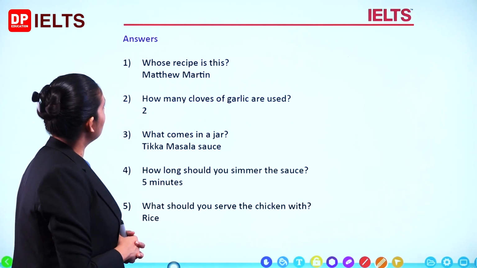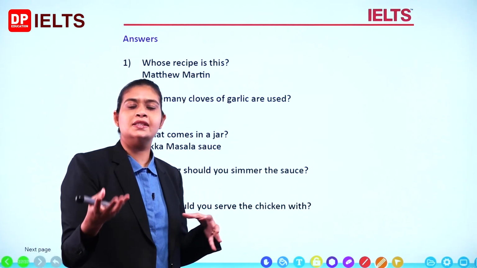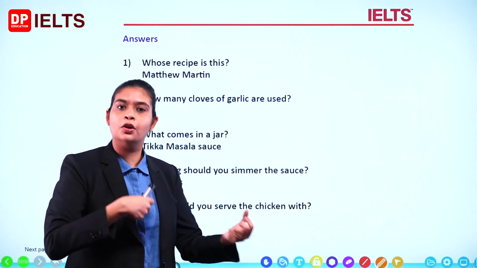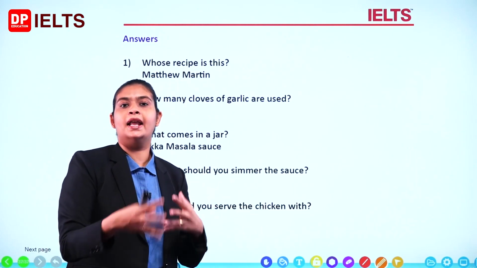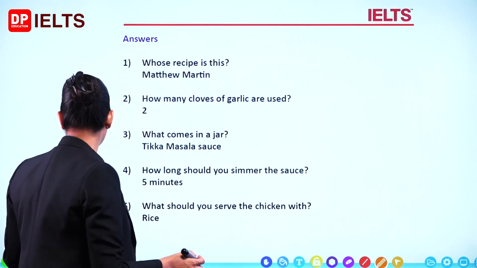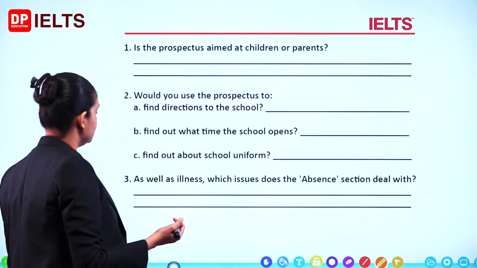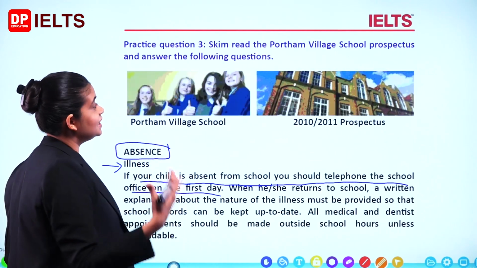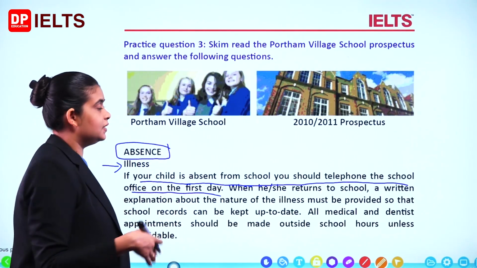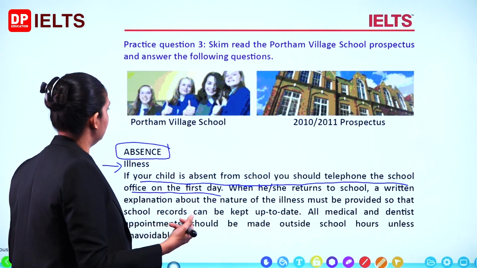Right. So I think with that, you now have a good understanding of how to skim and how to scan, and how you practice this skill. We've had a look at a good lesson, at what is skimming and what is scanning. I've put down detailed answers for you. The last one I did with you, and then finally I put down the answers so you could have a look at it.